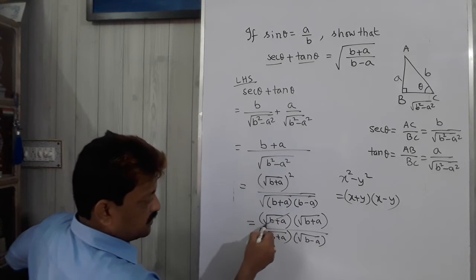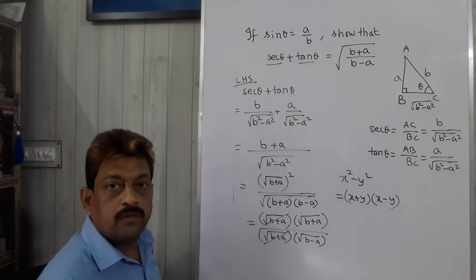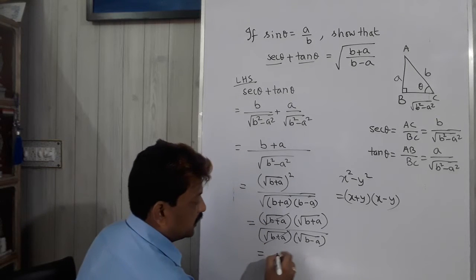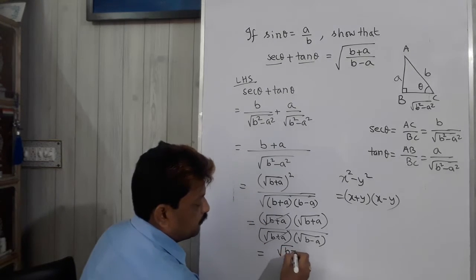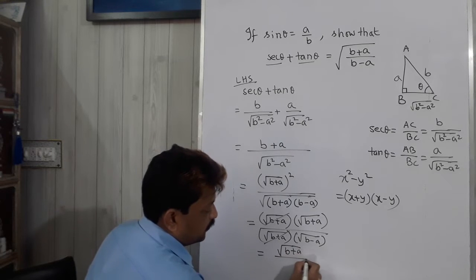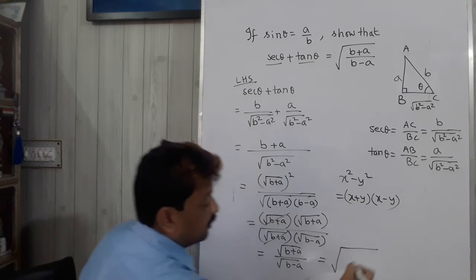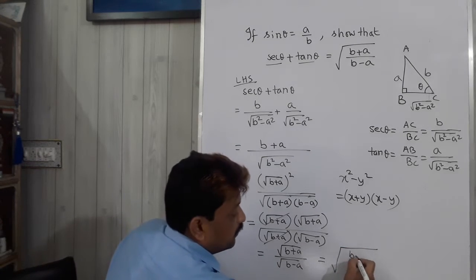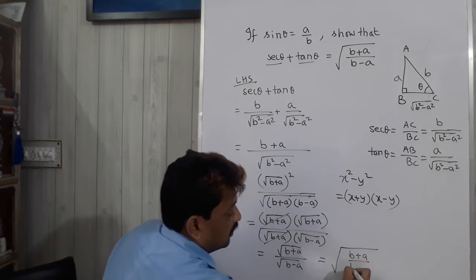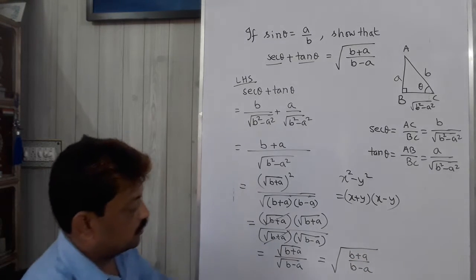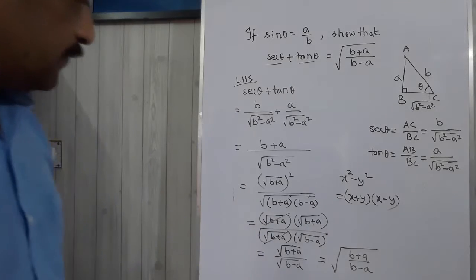So these two parts are cancelled. So what are we getting? We are getting root over b plus a upon root over b minus a, which can also be written under a common root, b plus a upon b minus a. Just go through it.